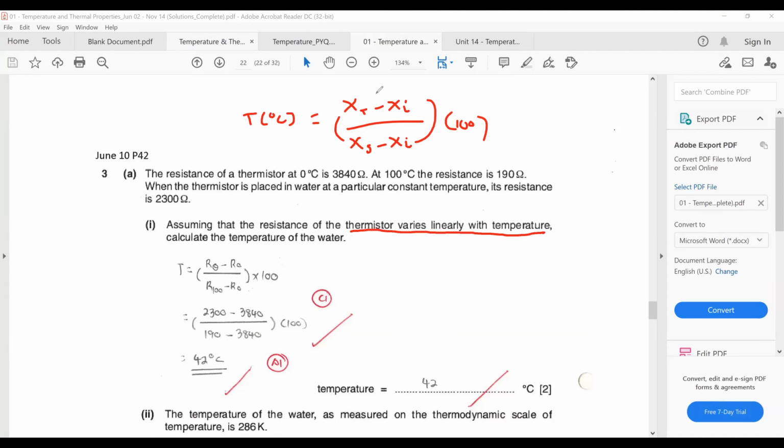So this one here being your thermometric property, you're using resistance as your thermometric property now. So this one you just change to R. That's how you got this. So just minus the values, divide one over the other, multiply by 100, you get the answer as 42 degrees centigrade.